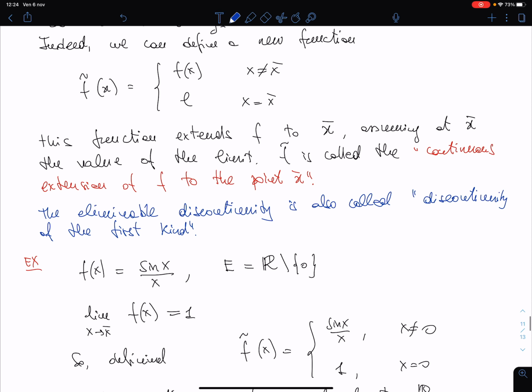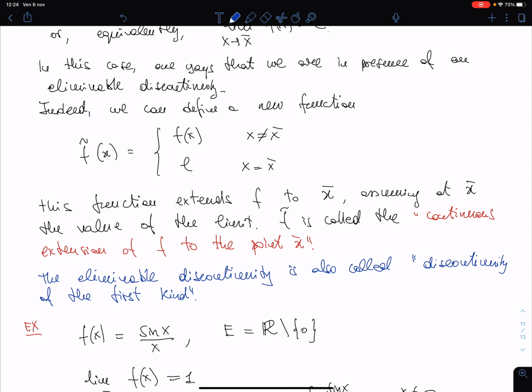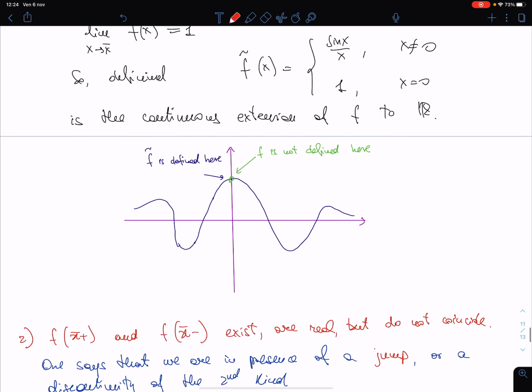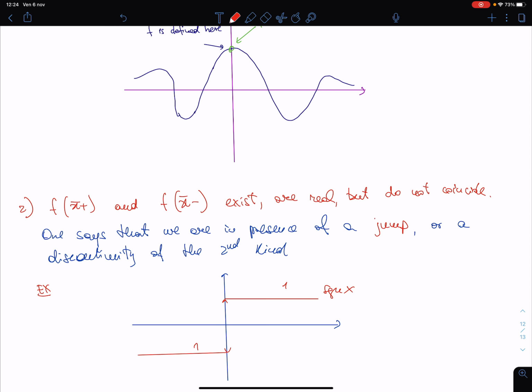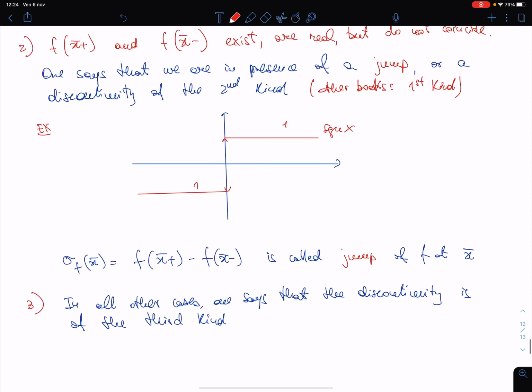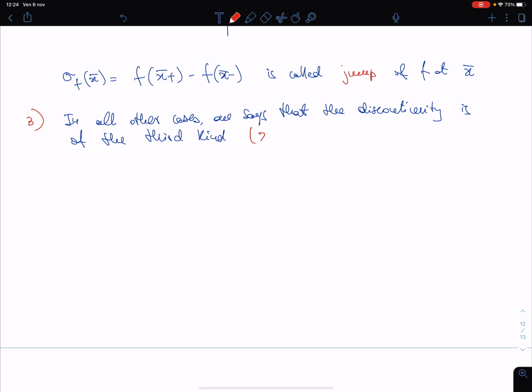In other books, one says that the eliminable discontinuity is of the third kind, and the jump is of the second kind. This is not very important. Tell me jump and so on.